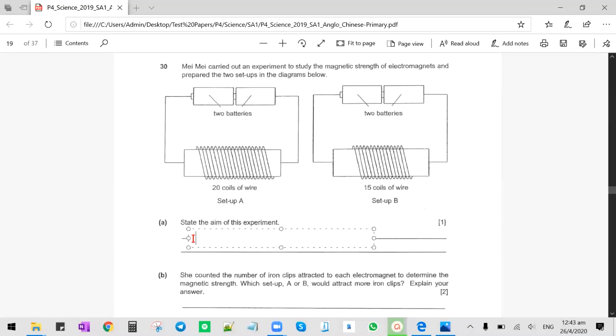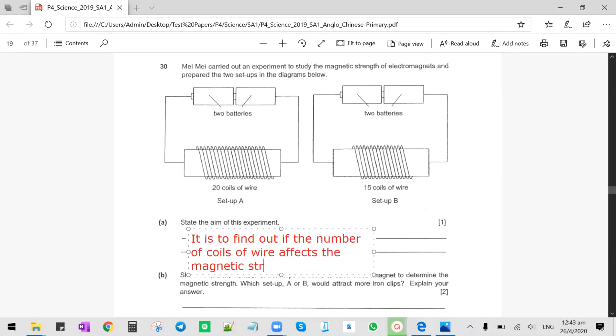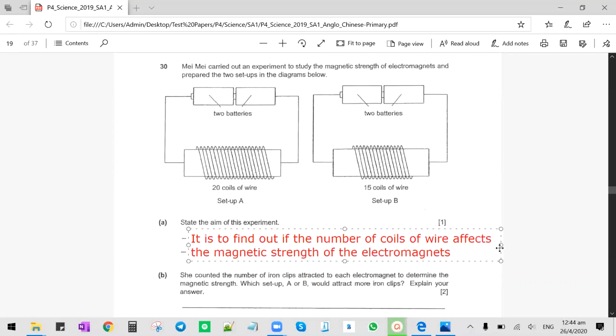It is to find out if the number of coils of wire affects the magnetic strength of the electromagnets. That would be the answer.